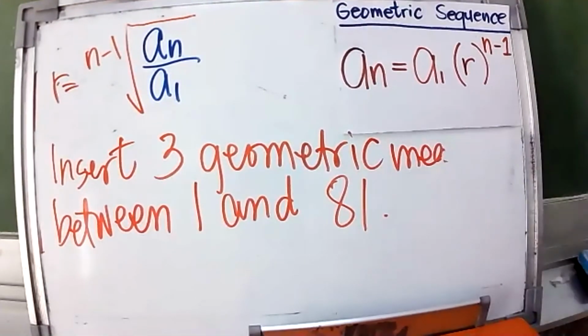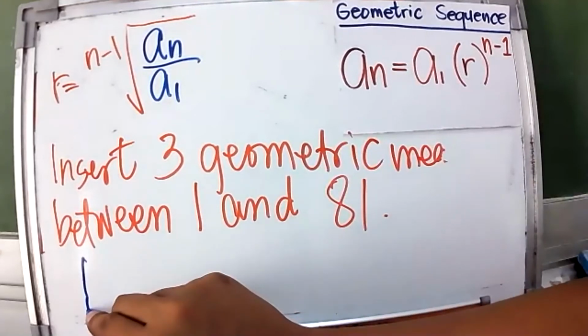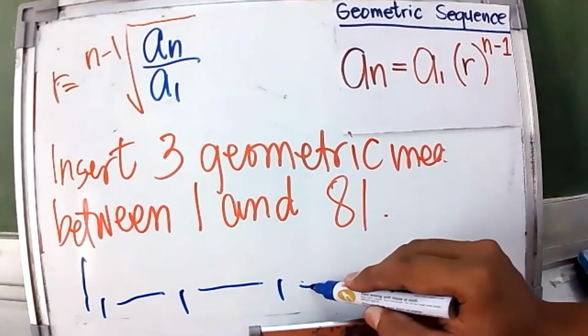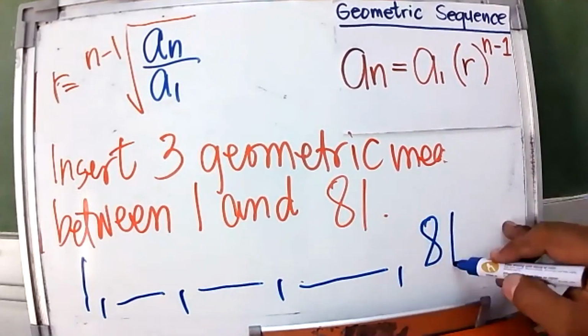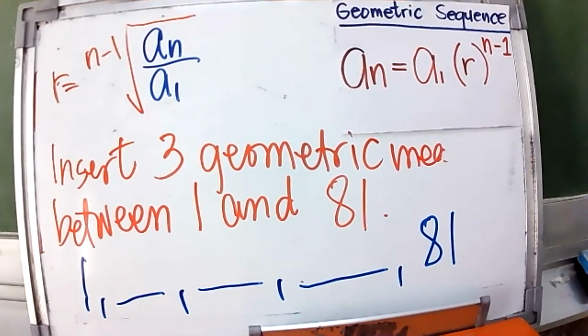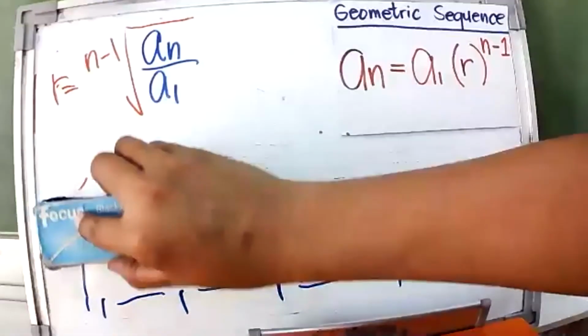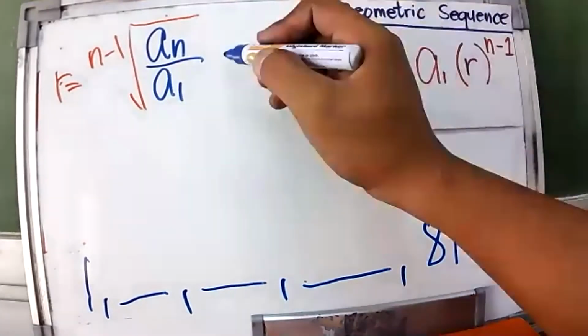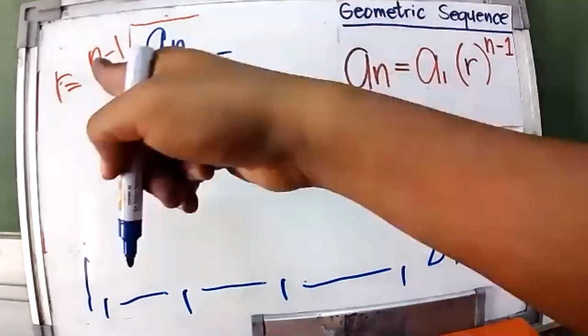Ready? We have here 1, 3 geometric means 1, 2, 3, and then 81. Okay, let's do the process. So, let's have here n.